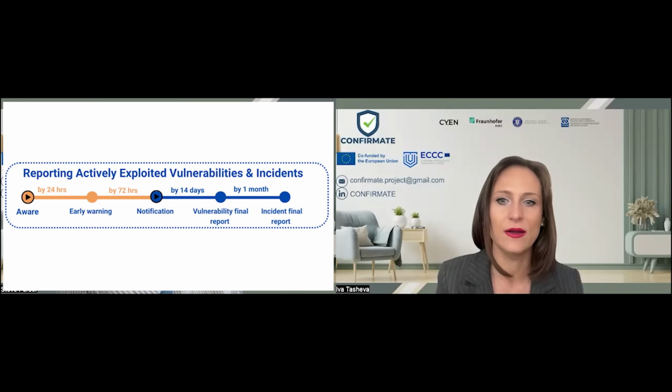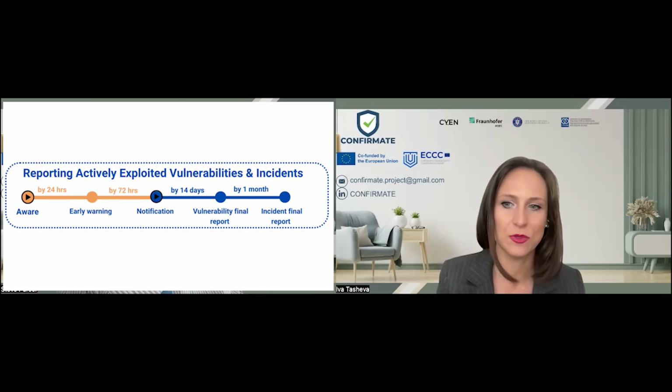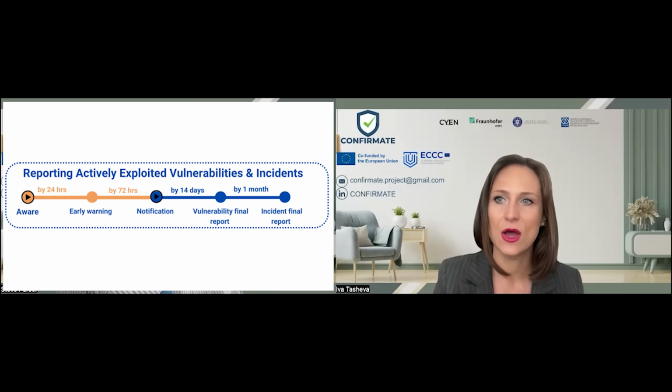After you become aware, you have 24 hours to issue a warning for actively exploited vulnerabilities or severe incidents. By 72 hours, you would then need to provide a formal notification with more details of the cause and remediation measures.